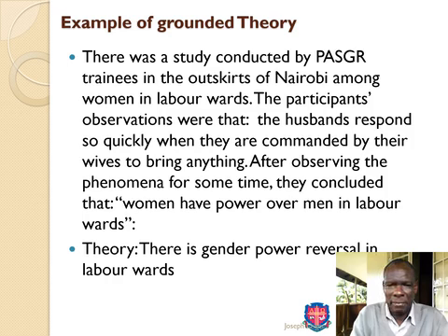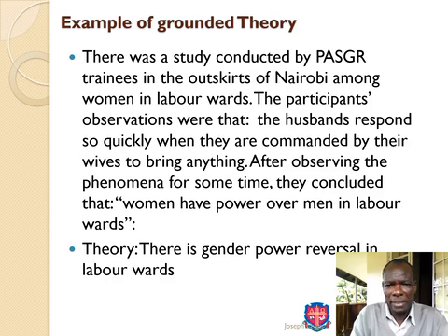Ordinarily, we know that men have power, and men exercise a lot of power over the female folk. But this study found that the labor ward was different. When a woman, a wife, is in labor, whatever she commands is brought immediately. Bring a basin, bring water, bring this.